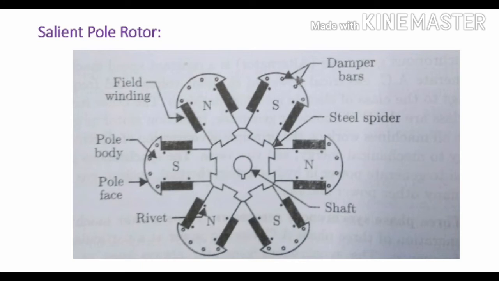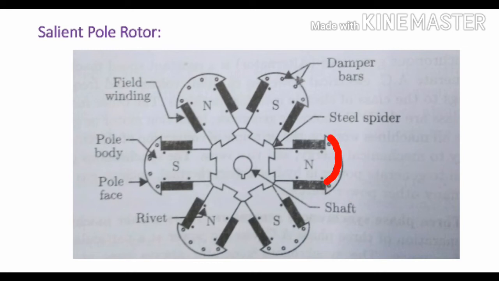At the outer end, the poles are widened. These widened regions are called the pole shoes. In the pole shoes, some slots are cut, and in these slots, the conductors are placed.